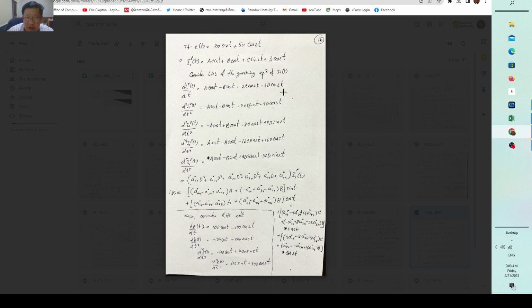So from the first derivative, you know that when you put t equal to 0, you get a. There's no b, there's no d because they are multiplied by sine, and sine 0 is 0. So on this one you get a plus 2c.